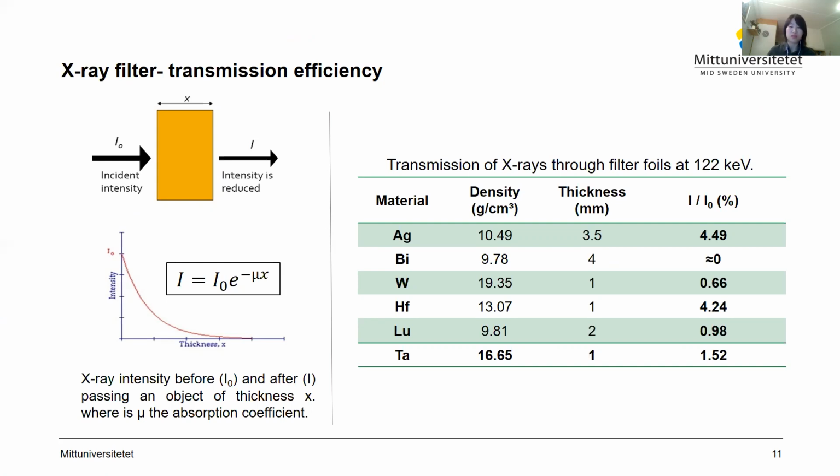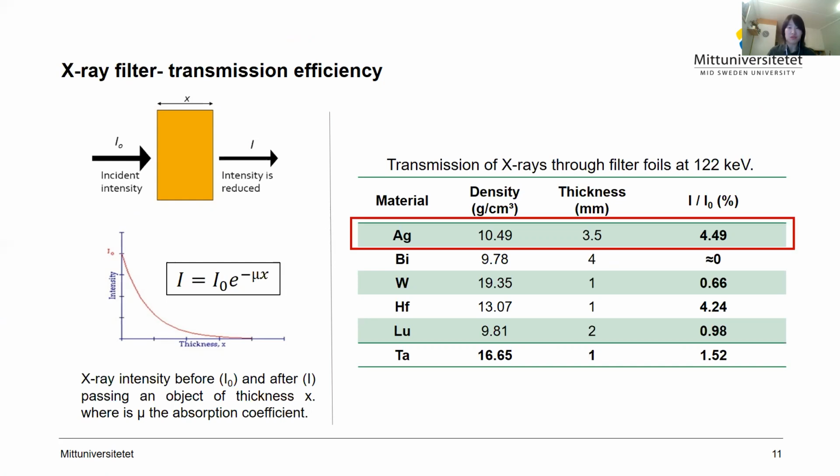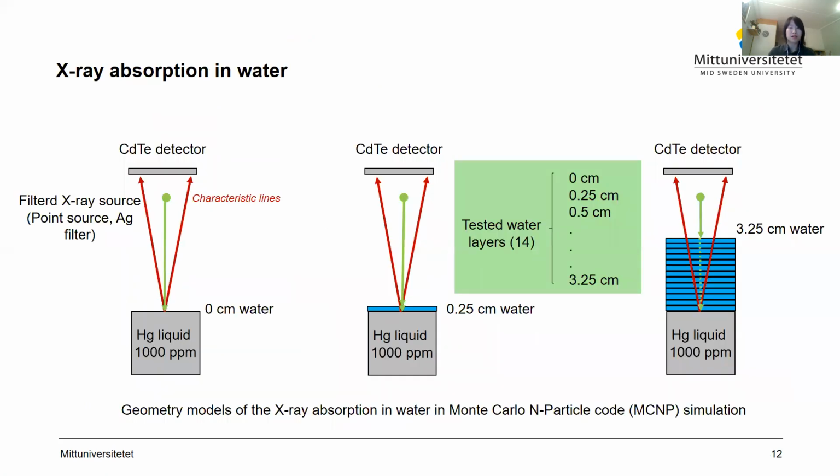A 3.5 millimeter silver filter retains a relatively good photon flux transmission, and was chosen for further tests in the water influence measurement. In order to study the water influence in the XRF measurement, 14 thicknesses of water layer are compared, in the range from 0 centimeters to 2.25 centimeters.